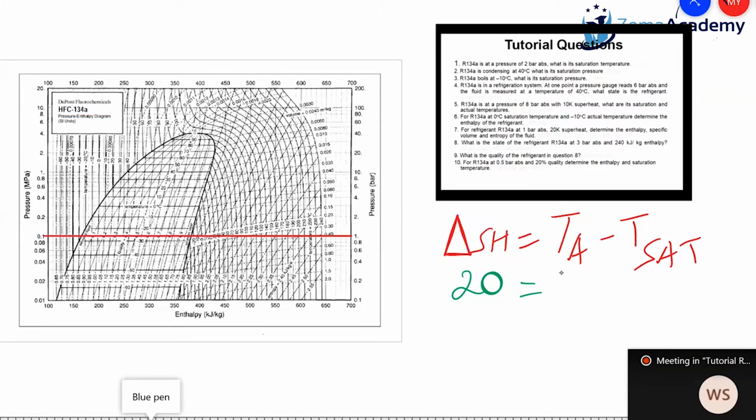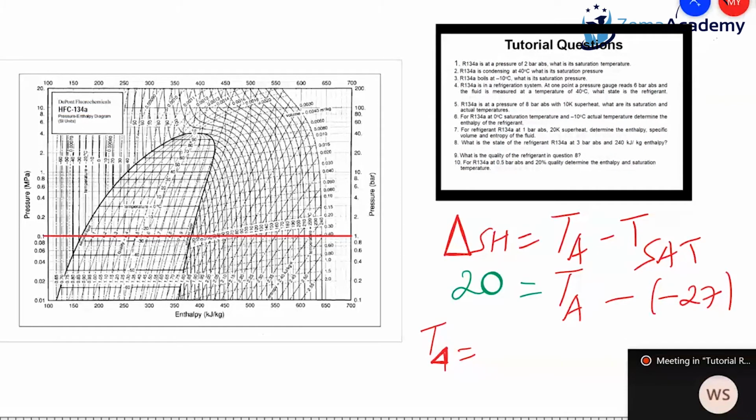Right. So at this point, we don't know our T actual, so it's unknown, minus our T sat, which is around minus 27, did we say? Yeah? Okay, so can we calculate our T actual? It's minus 7.